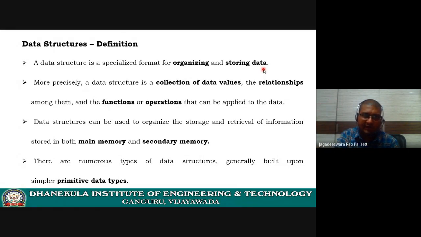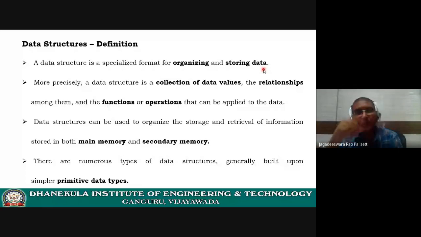Either you take integers, every data value should be an integer only. Am I clear? If you take characters, every value should be a character. If you want to store strings, all the values you store in an array should be homogeneous, meaning the same type of data should be stored. Am I clear? First point.